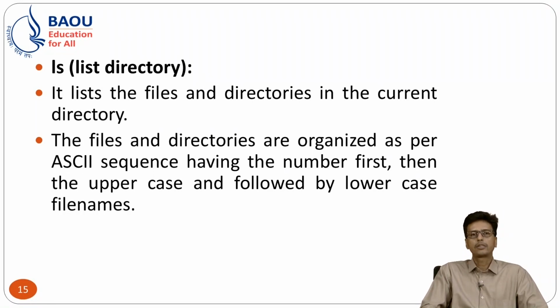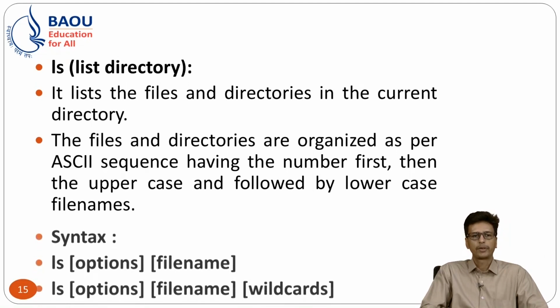So names that start with digits are displayed first, then capital letters, then small letters. This is the order in which names will be displayed whenever you use the ls command, right?